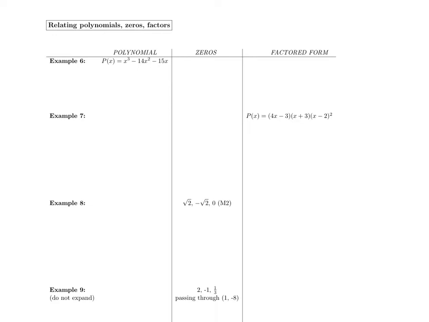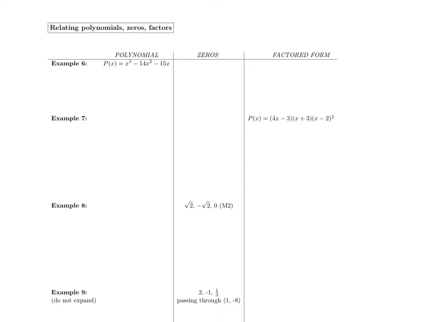If you look at the first one, and we're going to factor this, you see that they have an x in common. And then we can factor the polynomial x squared minus 14x minus 15. What multiplies to get a negative 15 that adds to get negative 14 is negative 15 and 1.